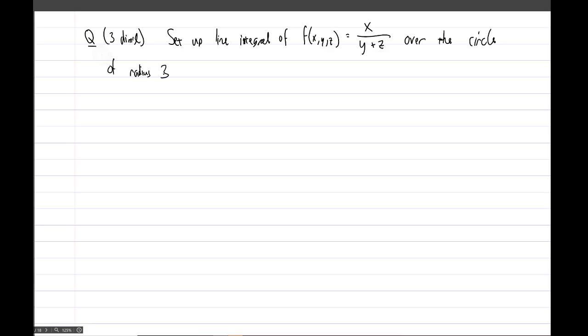So let's set up a line integral of f of x comma y comma z equals x over y plus z over the circle of radius 3 centered at the point 0, 0, 8 parallel to the xy plane.